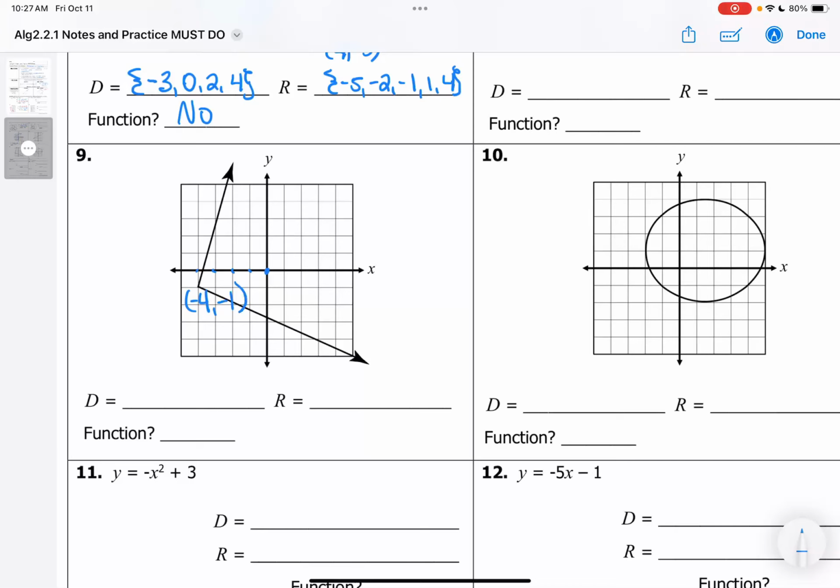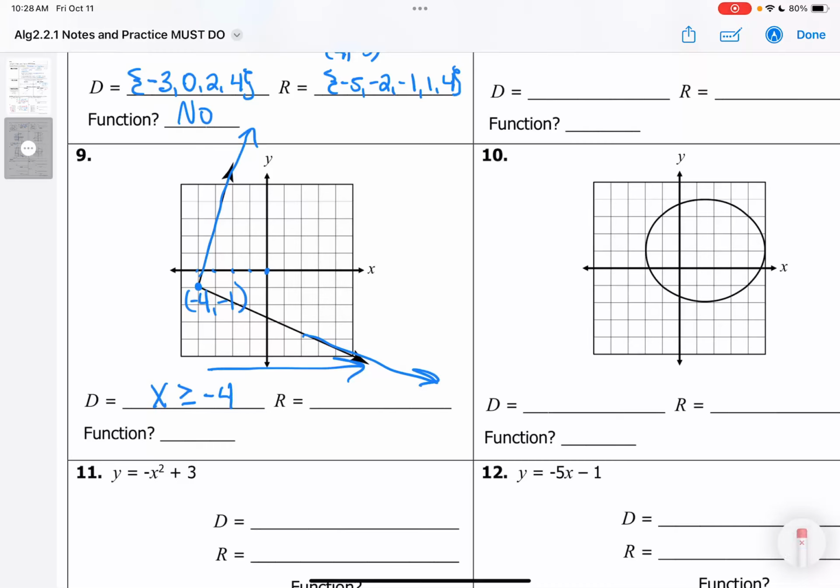But -4 is the farthest left that it goes. So the domain is -4 and anything bigger. So I'm going to say x is greater than or equal to -4. Now for the range, you'll see it goes forever and ever up there, forever and ever down there.